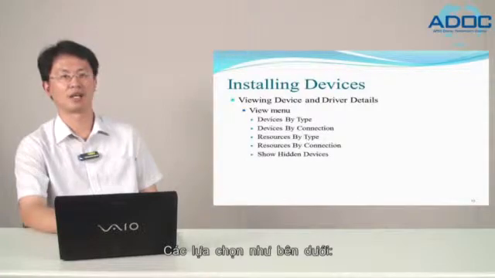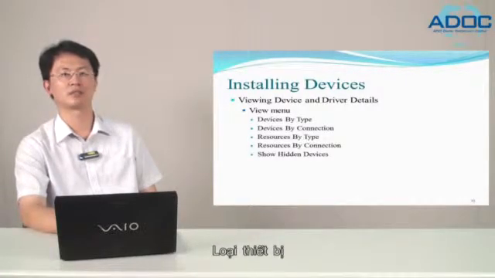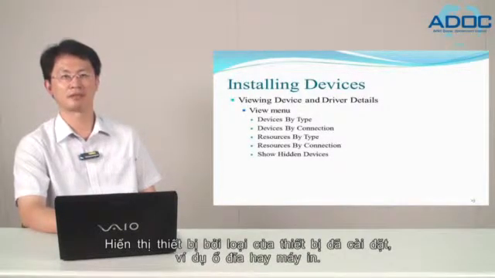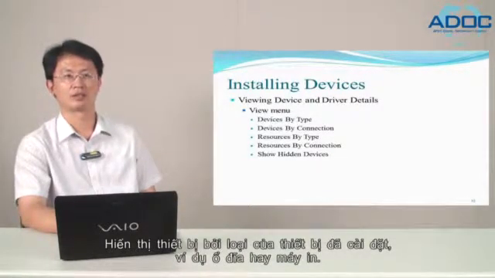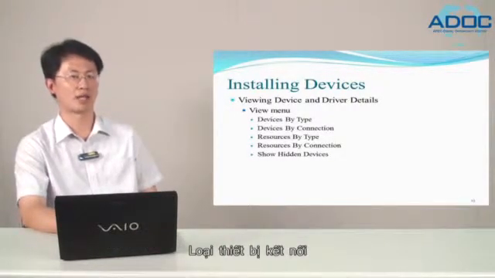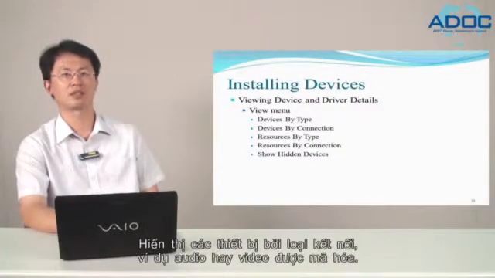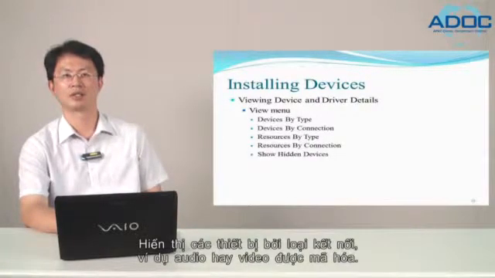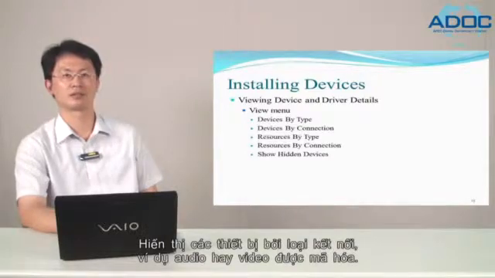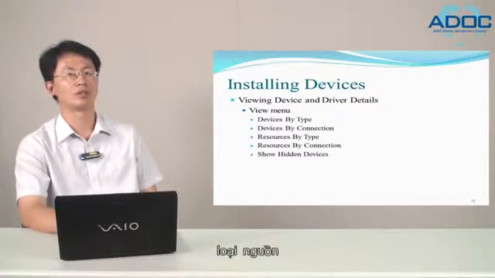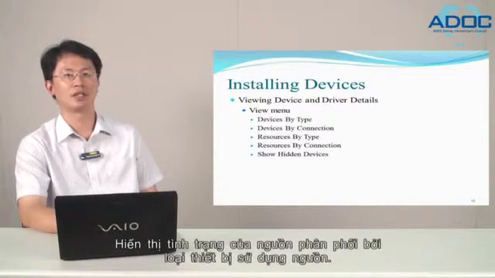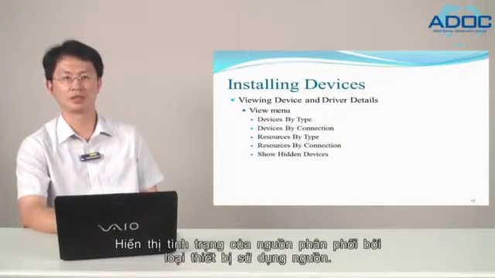The options are as follows. Devices by type: displays devices by the type of device installed, such as disk drive or printer. Devices by connection: displays devices by connection type, such as audio and video codecs. Resources by type: displays the status of allocated resources by type of device using the resources.